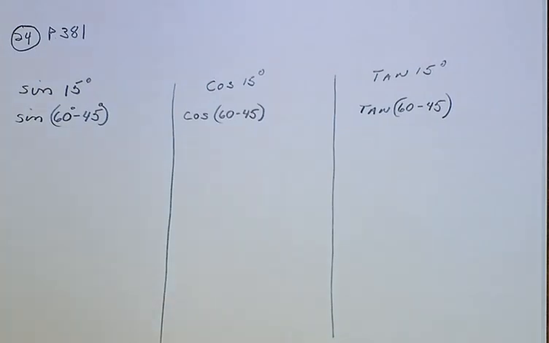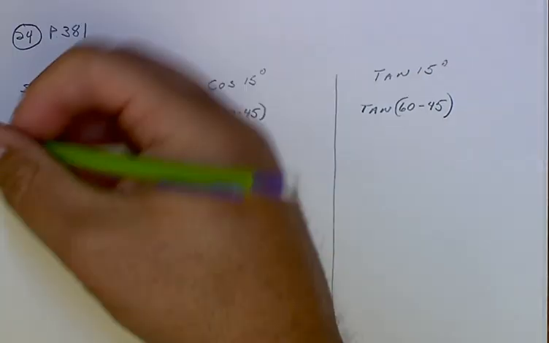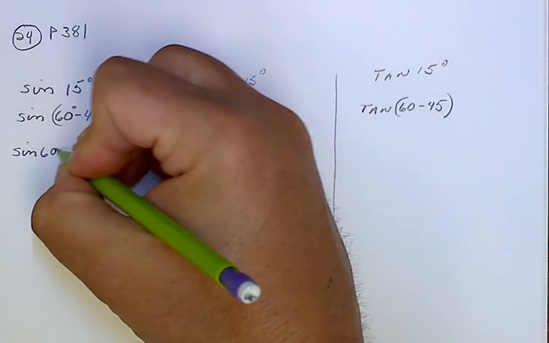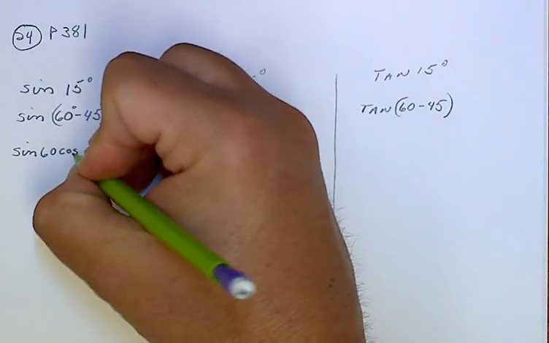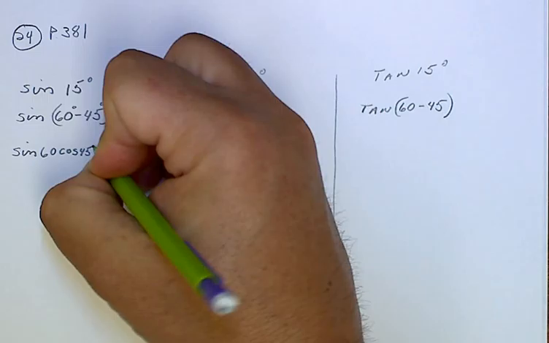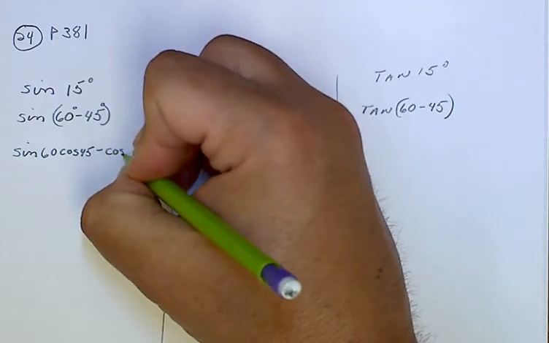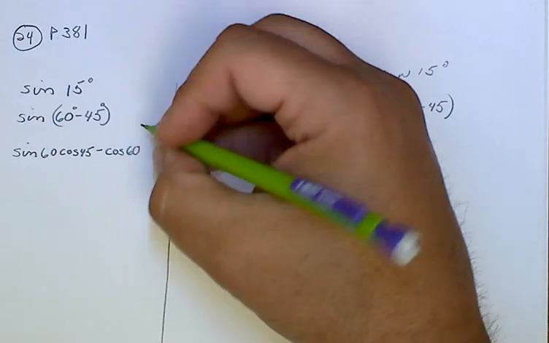And so then we go to our formula and we get the sine of 60 times the cosine of the second, 45, minus the cosine of the first times the sine of the second.